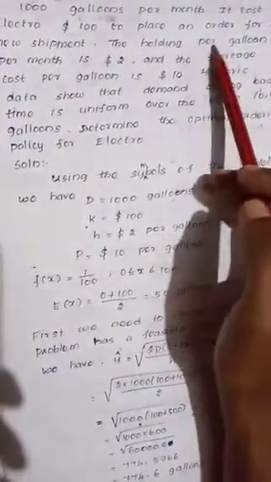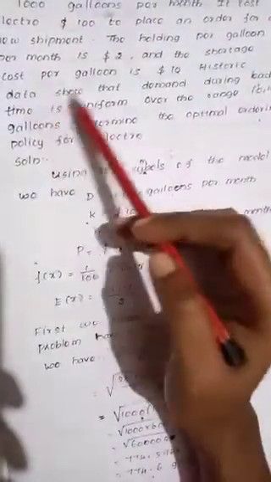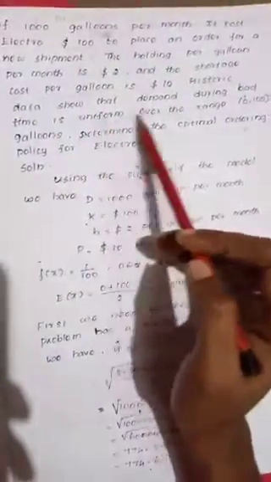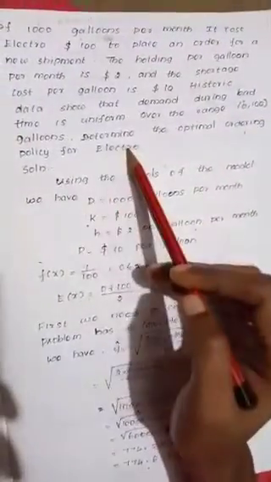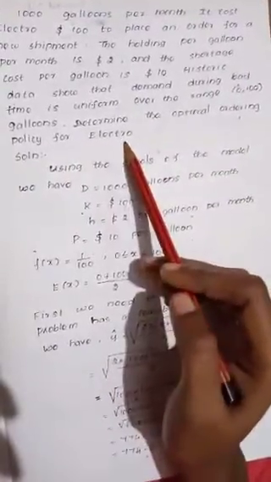The holding cost per gallon per month is rupees 2 and the shortage cost per gallon is rupees 10. Historic data show that demand during lead time is uniform over the range 0 to 100 gallons. Determine the optimal ordering policy for Electro.